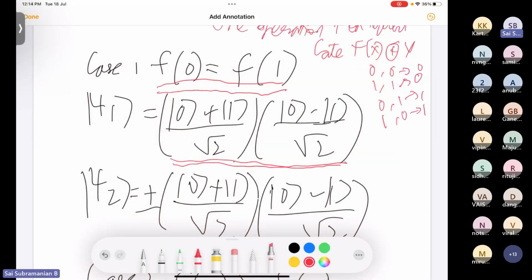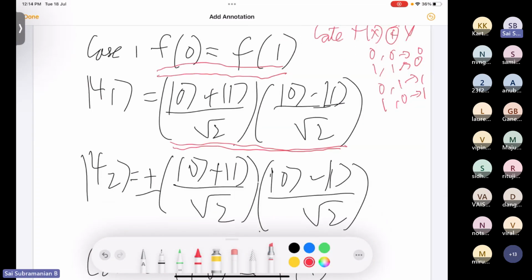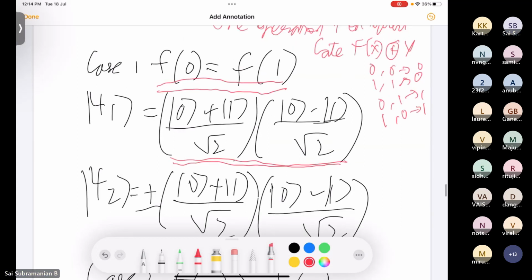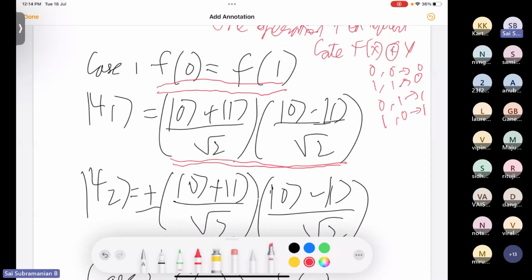If f of 0 is equal to f of 1, then whatever happens to this qubit is going to be the same whether the first qubit is 0 or 1. So what we want to do is find psi2. We will find what is going to happen in 0 times (0 minus 1)/root 2 plus 1 times (0 minus 1)/root 2.